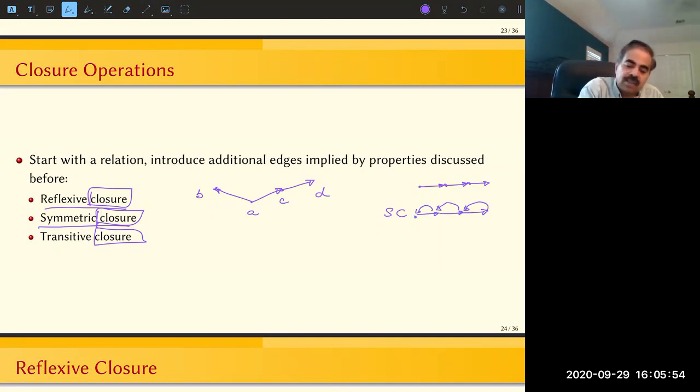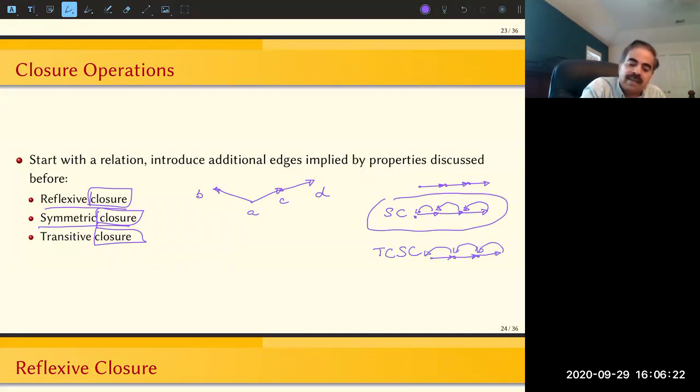Now let's do transitive closure on the symmetric closure, right? So we take this graph and we do transitive closure on that, right? So then we'll have, I have to draw the original graph, and then I will add the new edges.